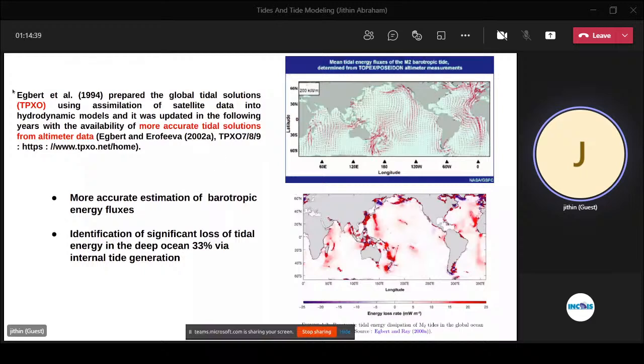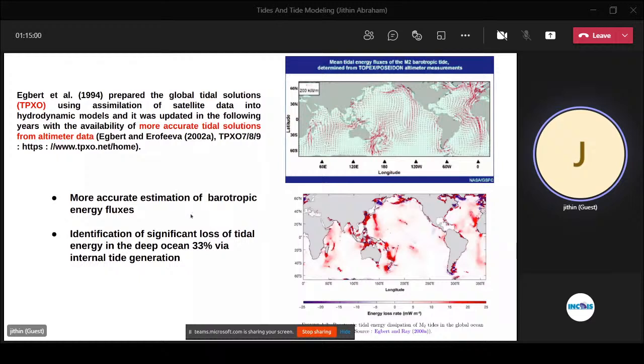Using that tidal solution and tidal data from the altimeters, many features and the energy budget of tides in the ocean were estimated. A more accurate estimation of barotropic tidal energy flux was one of the updates.